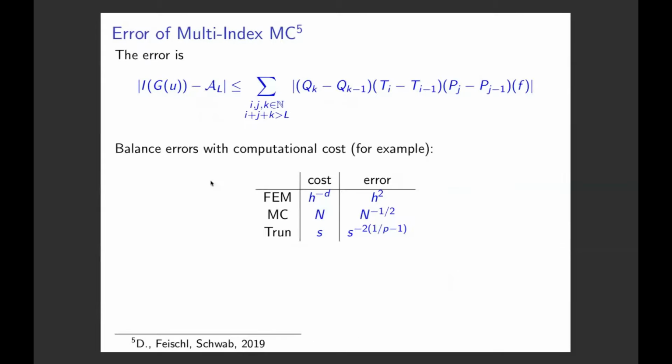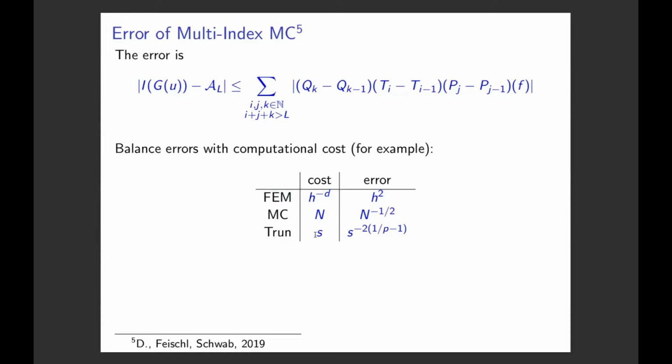Now we want to balance the errors with the computational cost. For some particular finite element methods, without going into the details, we have a cost of h to the minus t and an error h squared. For the Monte Carlo methods, if we use N points, we get an error of the order N to the minus 1/2.